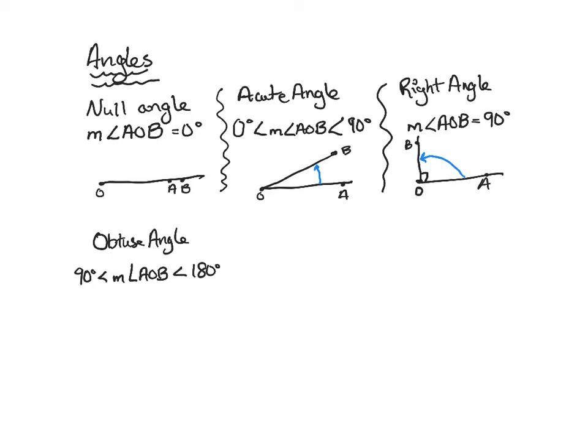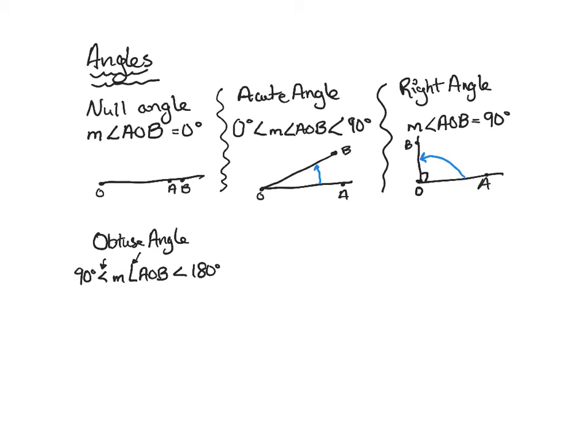And please try and see that there is a difference, although they do look the same. This is a less than symbol, and this is the angle symbol, and they do look very similar, but just think of the less than symbol as a little bit more squished.